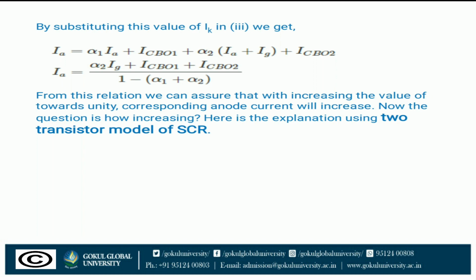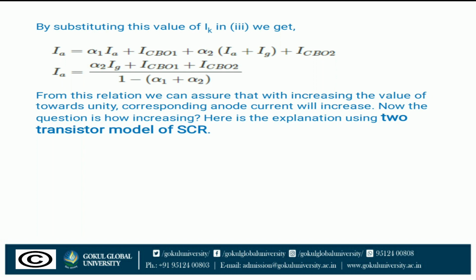Under these conditions, a forward leakage current somewhat more than ICBO1 plus ICBO2 flows. If by some means the emitter current of the two component transistors can be increased so that alpha 1 plus alpha 2 approaches unity, then as per the final equation IA tends to become infinity, thereby turning on the device.